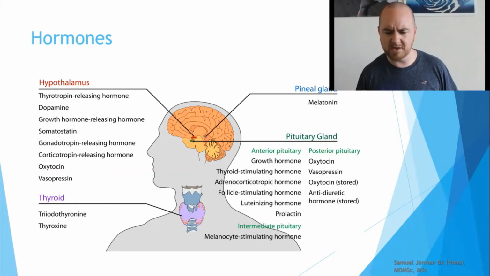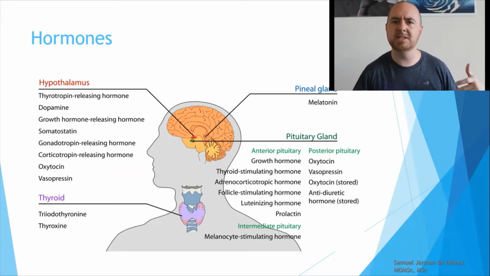I don't know why there's oxytocin there twice. So there's the stored oxytocin and the antidiuretic hormone. So vasopressin essentially is for fluid balance throughout the body, because it's going to act on the kidneys, which will then act on essentially certain things in the blood to maintain fluid balance.